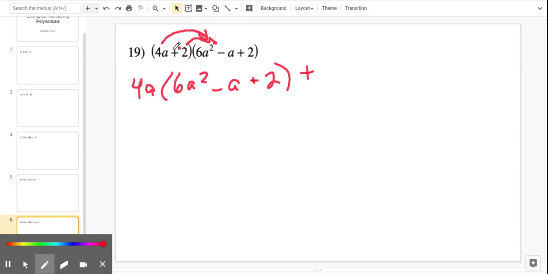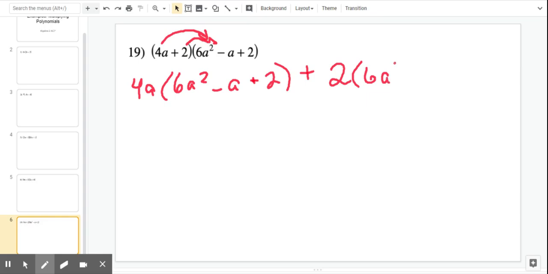Plus, so that's taking the 4 and distributing it to this whole thing. And now we'll take the 2 and distribute it to this whole thing. So plus 2 and distribute it to that whole thing.